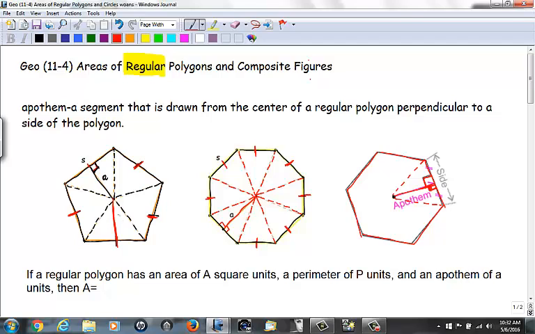I've labeled one up here, here's another one. It is the perpendicular distance. On the octagon, I've labeled one of them right here. It is that perpendicular distance. On the hexagon with 6 sides, that's the apothem.